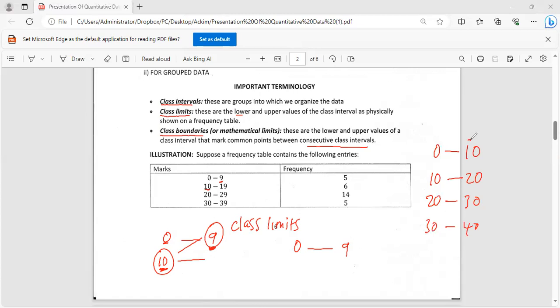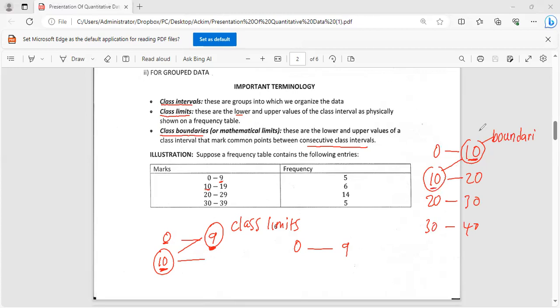If the value that's there and the value that's there are the same, then these are called boundaries. Hope you see the difference between a limit and a boundary. For the boundary, the values for two consecutive classes are the same. The upper boundary for the one on top is the same as the boundary for the one that follows.